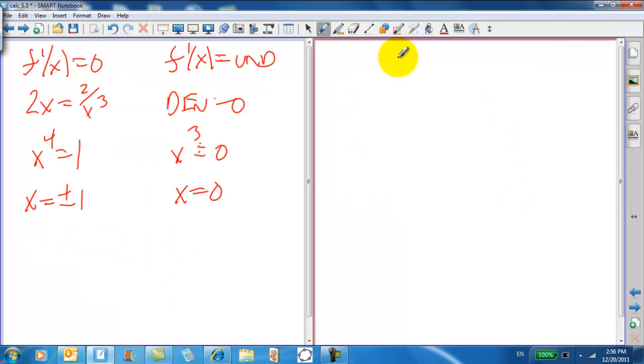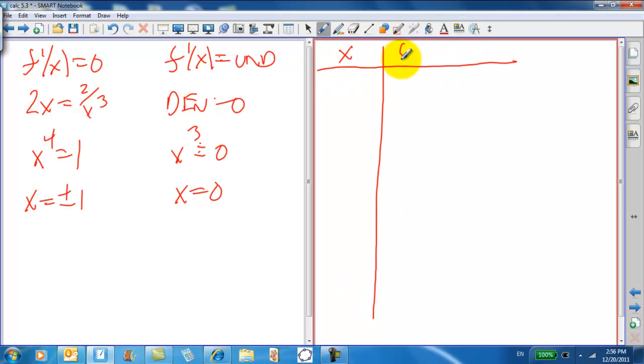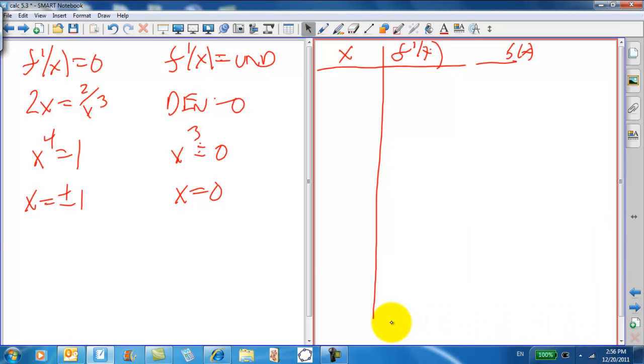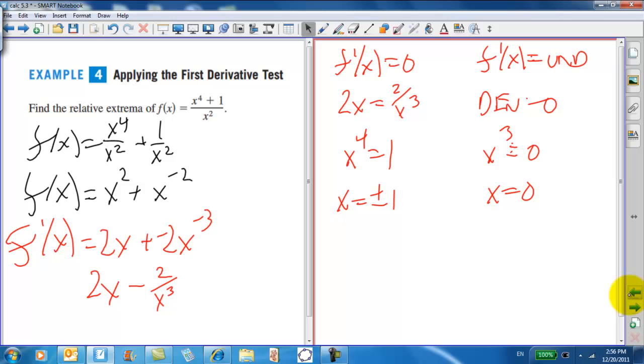So we can make our chart again, where we look at values of x, look at values of the derivative, and see how that predicts what's going to happen with the original function. And let me just clean this up a little bit here, because now we need to have that formula in here for the derivative, and that was 2x minus 2 over x cubed.